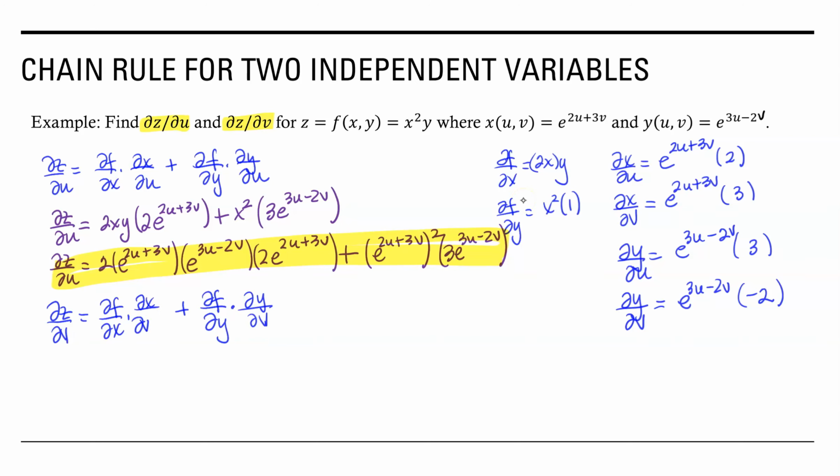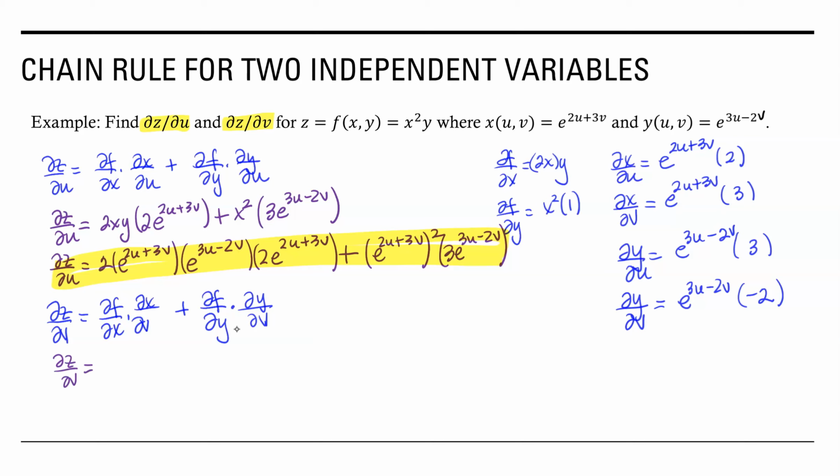So let's take a look at our other partial derivative here. I notice I had a typo here. So if you copied down this formula earlier, please correct it. Okay, so what do we have here? We have the partial of z with respect to v.